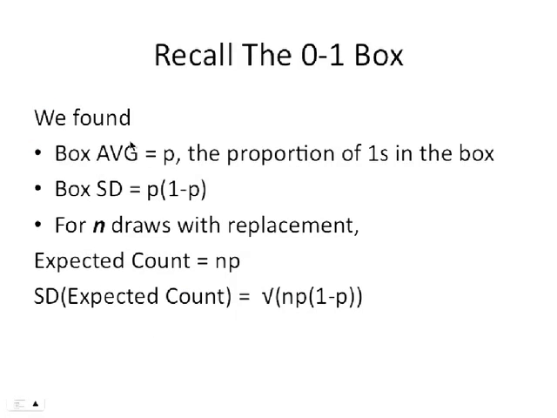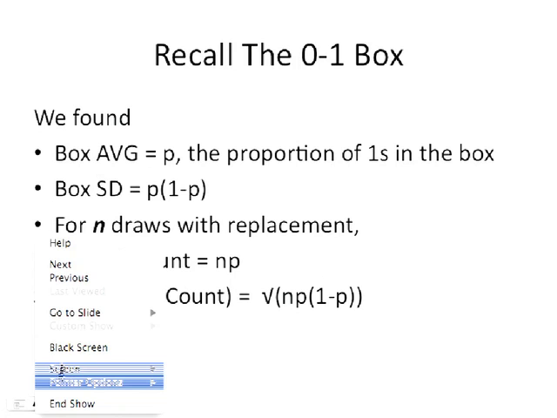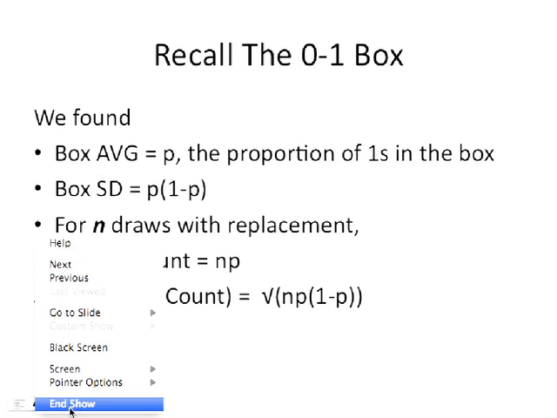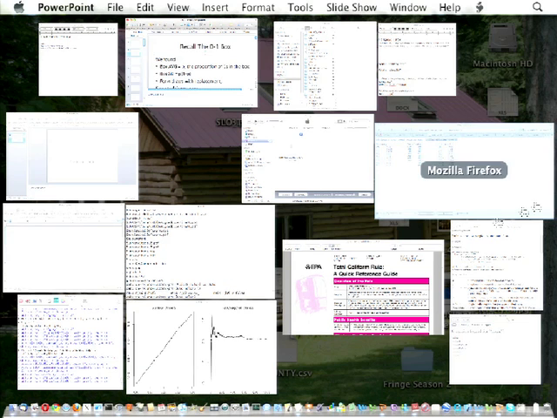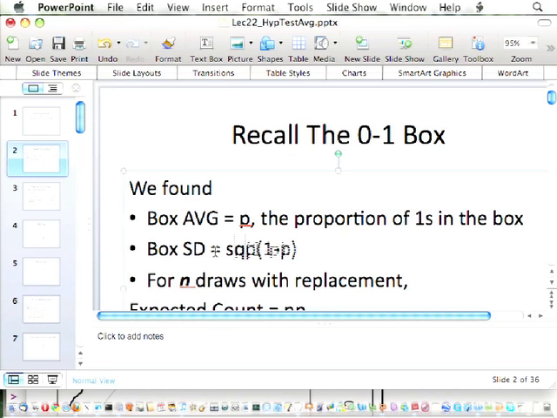So we found, I'm just going to type it in here like it's an R function, the square root of p times 1 minus p.